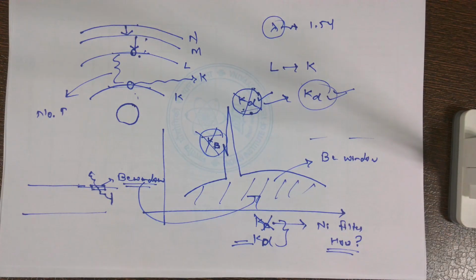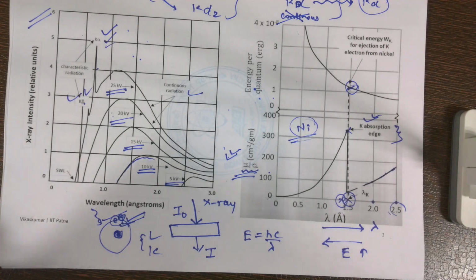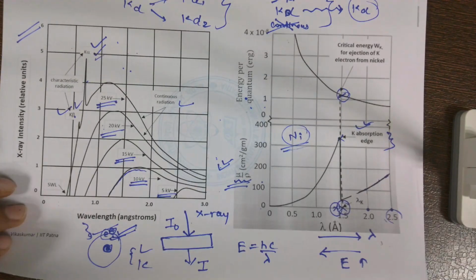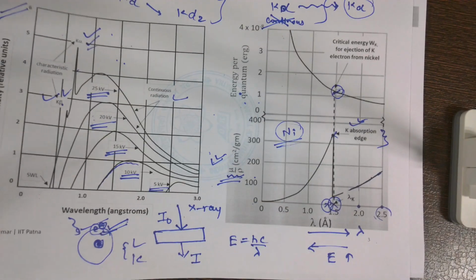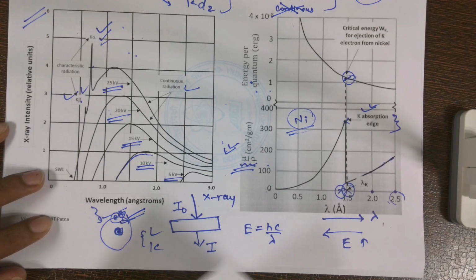Now let's try to solve a couple of questions which we have prepared. I hope the concept of K is clear, and how the continuous and characteristic X-rays are produced.